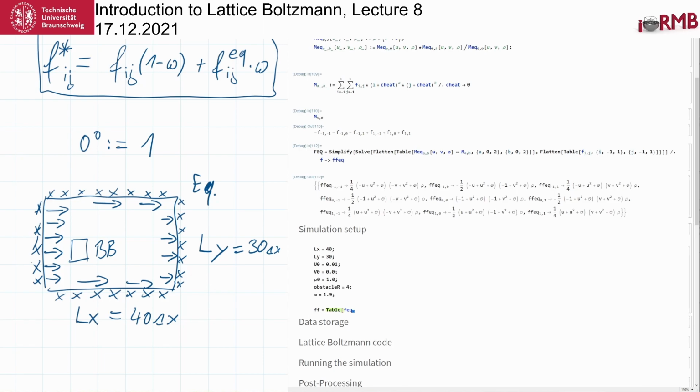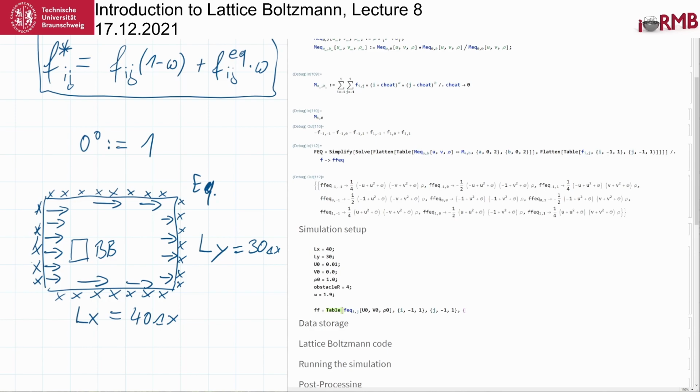Let me briefly do this: EQ, I and J, U0, V0, and rho 0, for I from -1 to 1, and for J again from -1 to 1.